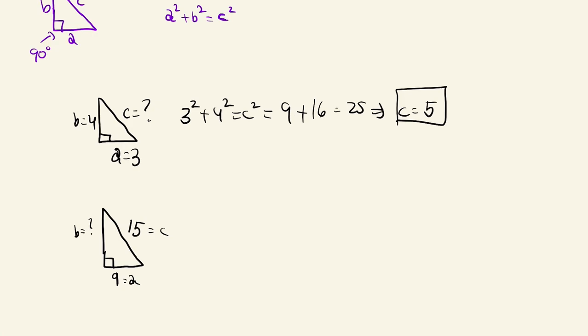So a squared is 9 squared plus b squared is equal to, c is given, so that's 15. I'm going to use a calculator because these are bigger numbers. 9 squared is 81, and 15 squared should be 225. I'll double check that. Yeah, this is 225. So that means that b squared is, and you just subtract 81 to the other side.